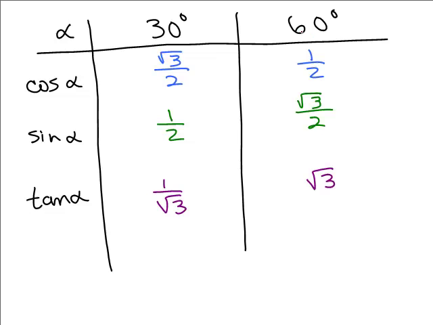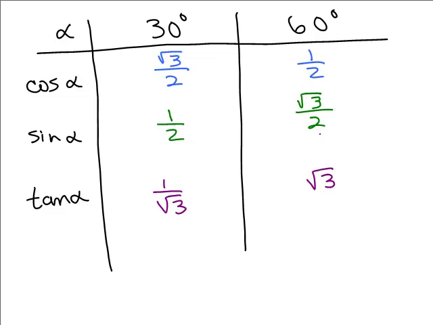So this basically summarizes what we got if we took these 3 trig values. We figured out the cosine of 30 degrees, what we got, and what we got for 60 degrees. And notice the cosine of 30 degrees is square root of 3 over 2, and that's the same as the sine of 60 degrees.